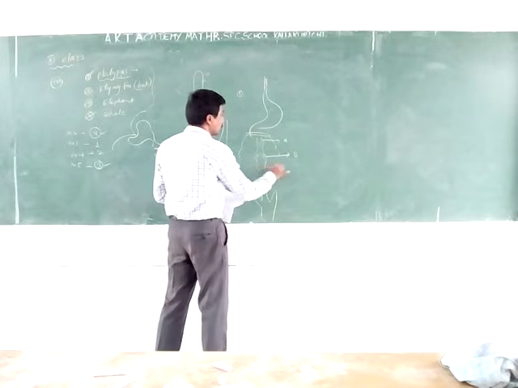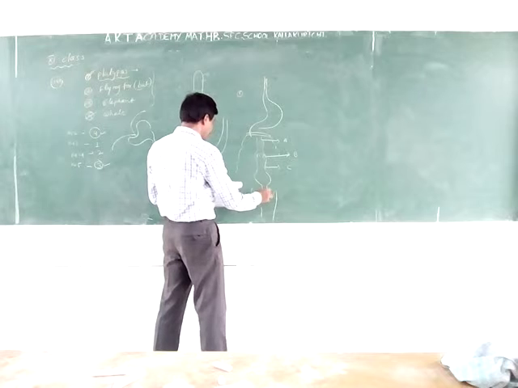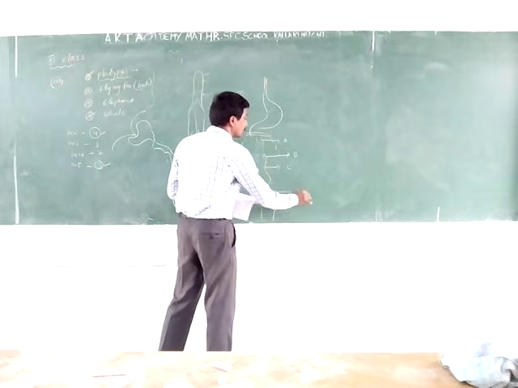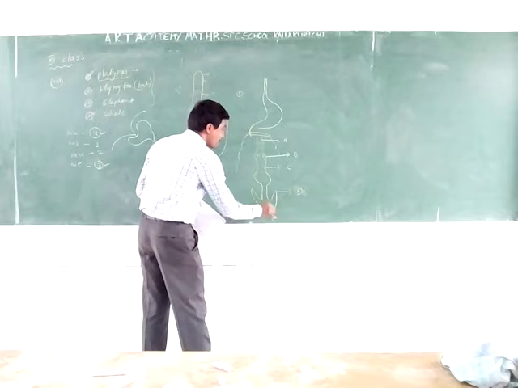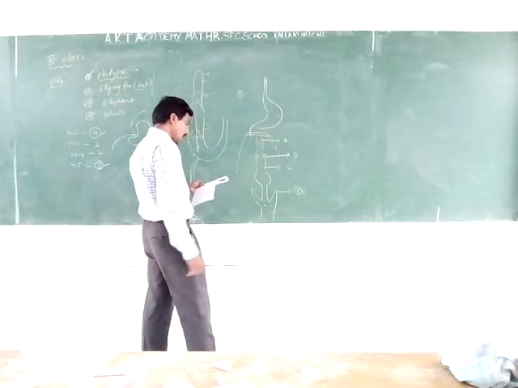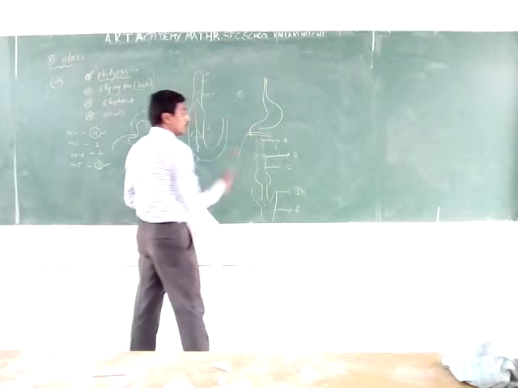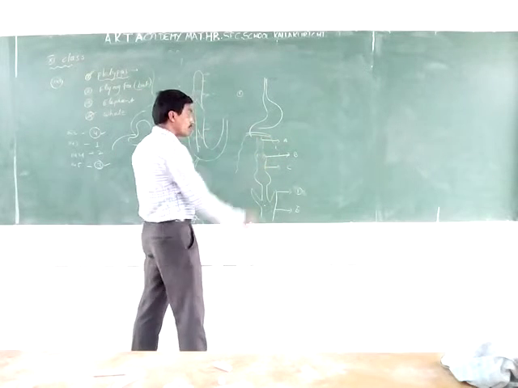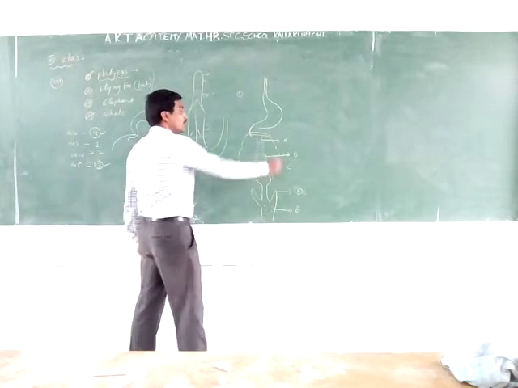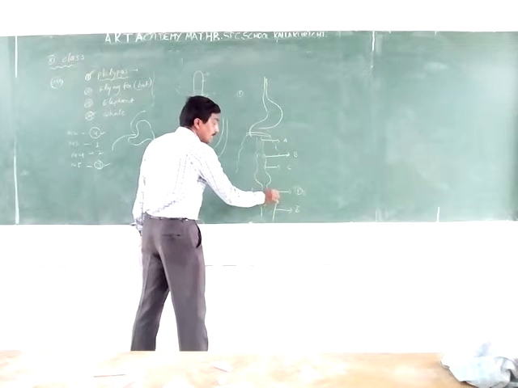C is the stomach. D is the cecum. E is the lymph glands. Therefore, A is the pharynx, B is the gizzard, the grinding part, then the stomach, and the cecum.